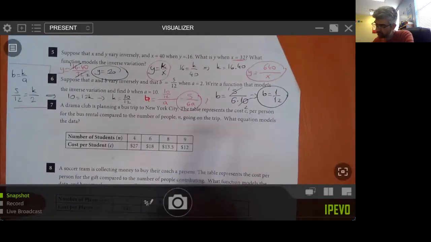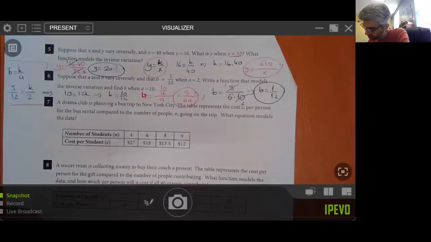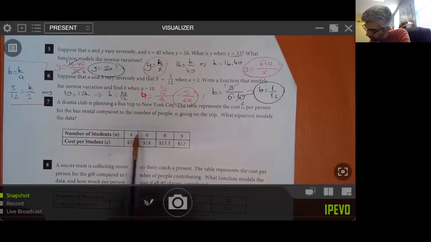What equation models the data? So here, do we have inverse or direct variation? We should see: when the N increases, the cost decreases. So this should be the inverse variation.